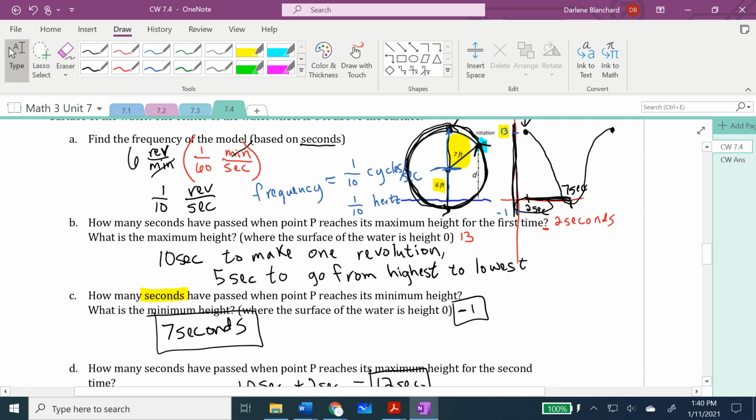I have found it easier with word problems to do the horizontal shift at the very end, and before that to focus on it starting at time 0 at either its highest, its middle, or its lowest point. That little shift where you have to add in messes people up really badly, and I want you to be aware that I realize that.